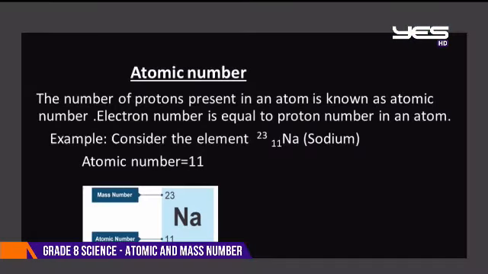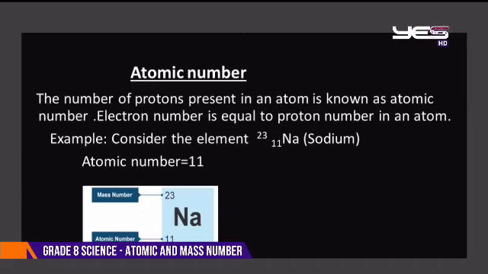Okay. For example, consider one atom, that is sodium. What is its symbol? You already learned about the symbols, no? Yes, what is the symbol of sodium? Sodium is Na. And let's check the left side of the symbol. There are two numbers, one is 11 and another one is 23. That 11 is known as the atomic number of sodium. That means sodium contains how many protons?